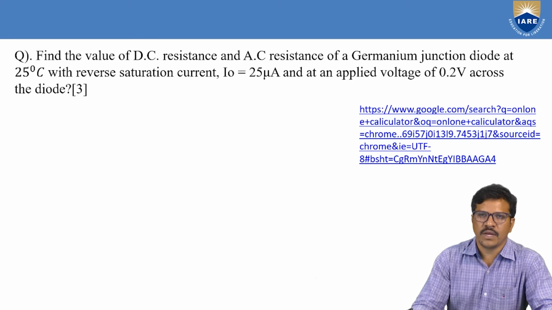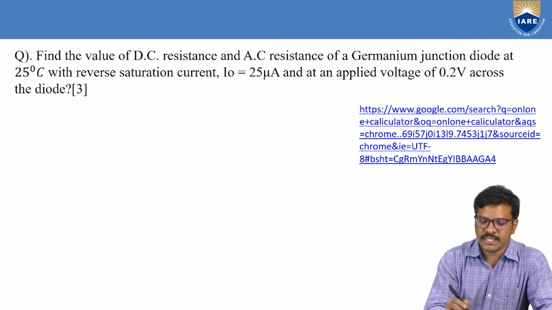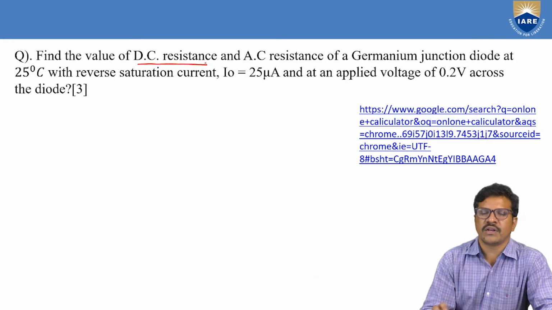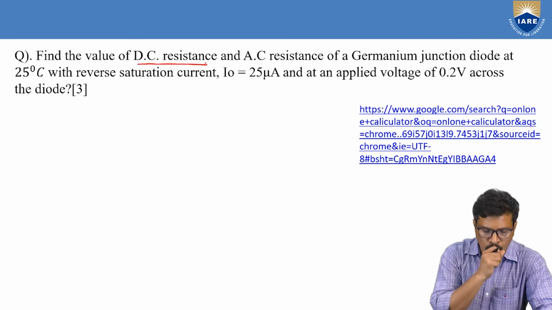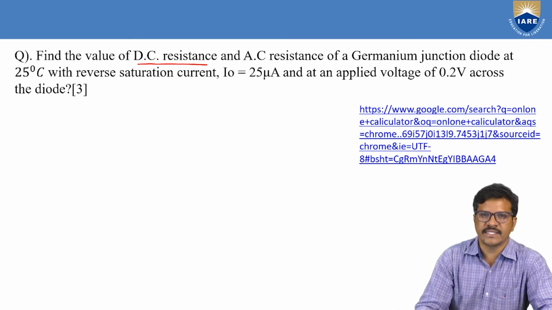If you see carefully, we have two resistances, AC and DC. DC resistance is simply the ratio of voltage by current, and for AC resistance we have a formula, small r is equal to eta Vt by Id.